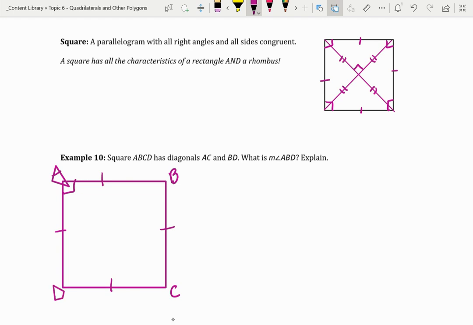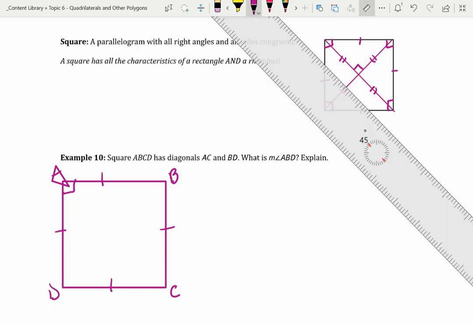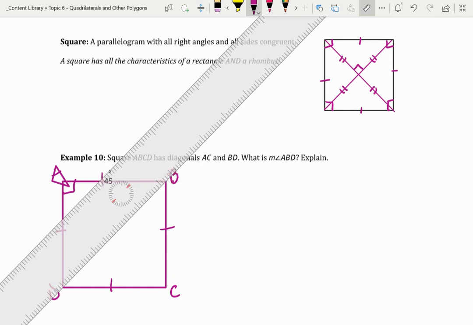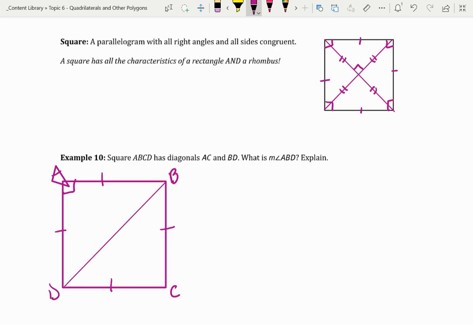Okay, so when we look at this, let's go ahead and get our ruler back. ABD. We're looking for this angle here. Well, it's going to be half of 90 degrees, right?